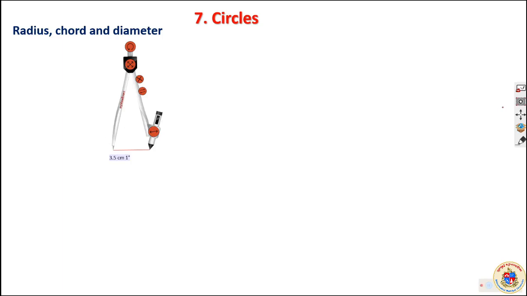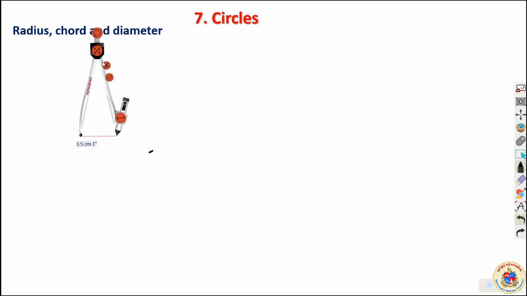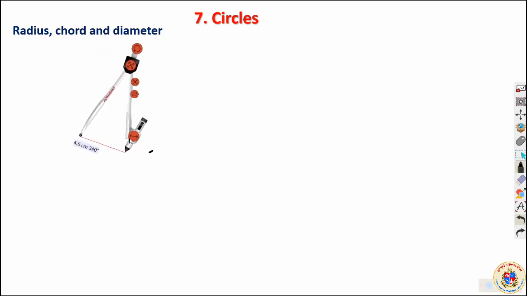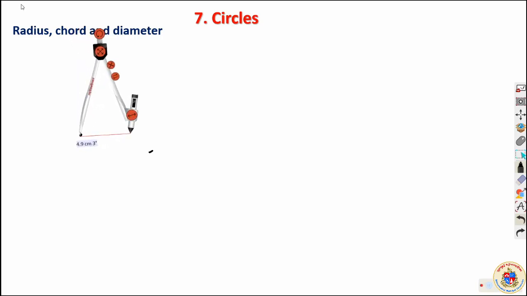Then the other end has a pencil in your case, and you will lift the compass and keep it at the center where you wish to draw the circle. You will expand it according to your wish, to decide the radius of the circle. It is the expansion of the compass which decides the radius of the circle, and you will decide it.